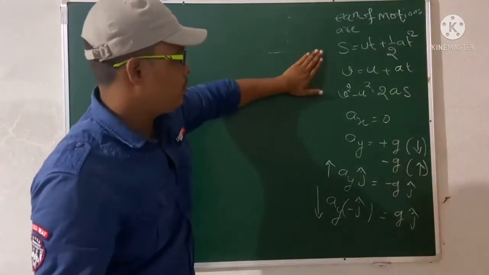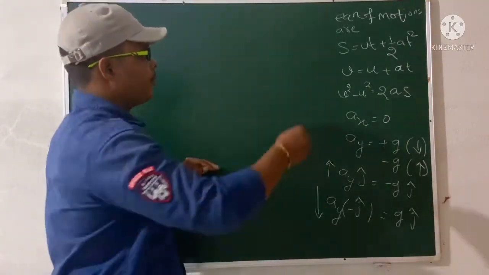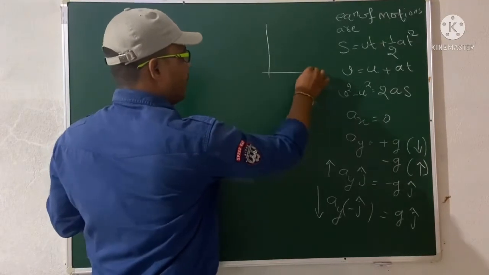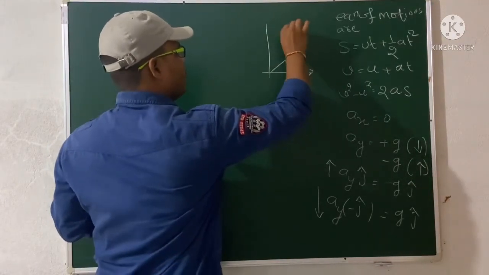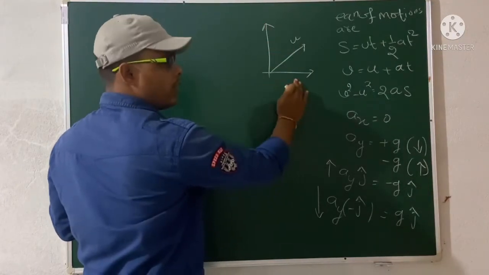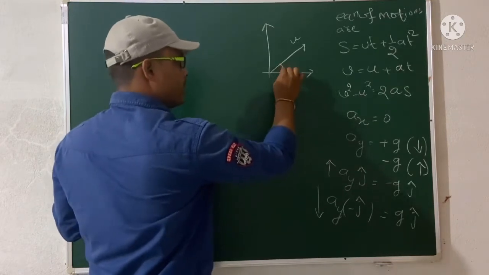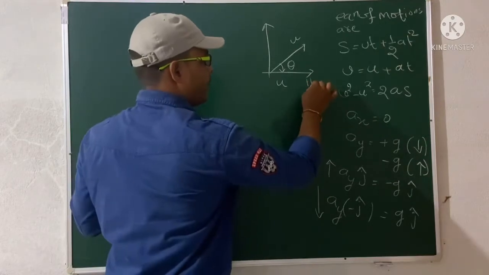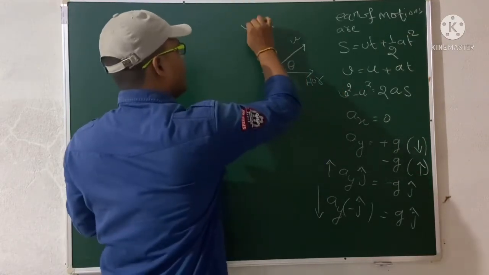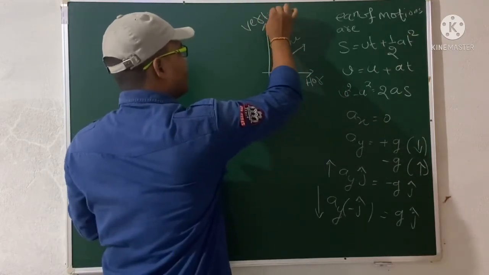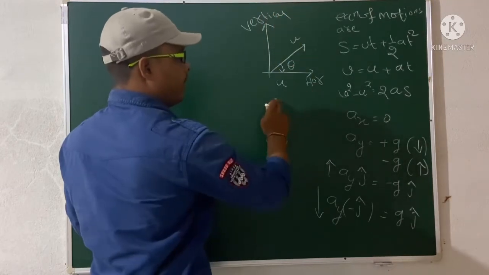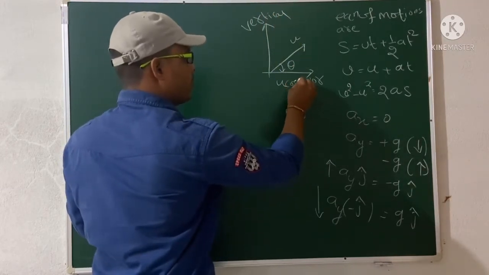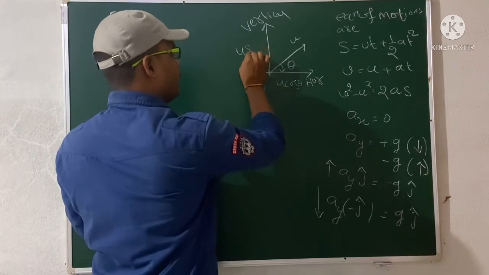And what other things we have studied? If this is your velocity, the initial velocity or final velocity, then what is the x component of velocity? If theta is the angle that it makes with the horizontal, this is horizontal and this is vertical, so the horizontal component will be u cos theta and the vertical will be u sin theta.